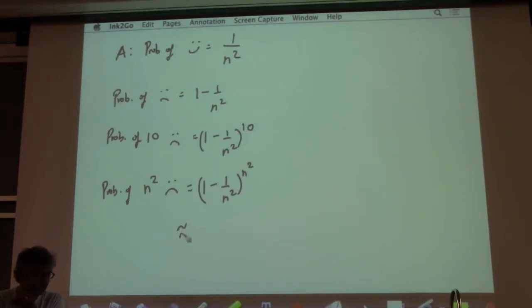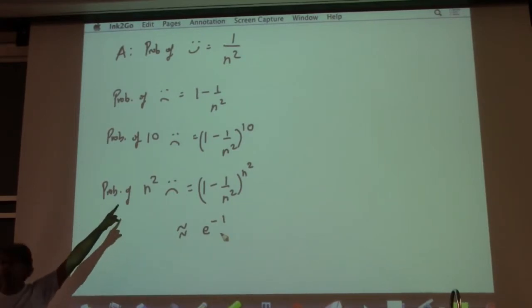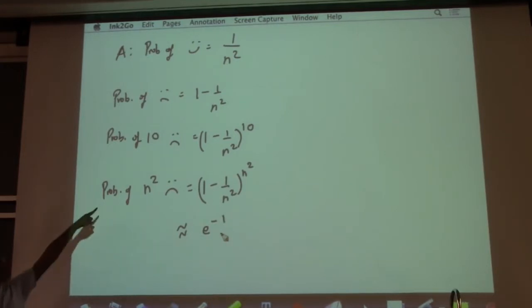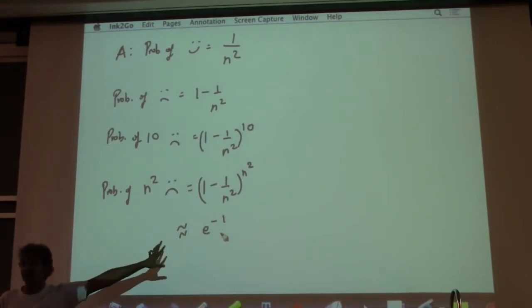This number, as n goes to infinity, is roughly e to the minus 1. E is Euler's constant. In other words, I've gone down from a very large probability of failure, which is 1 minus 1 over n squared, in the limit that goes to 1, down to a constant, by running this n squared times. It's not great, but I can get the probability of failure down to something small. And we will use this trick over and over again.